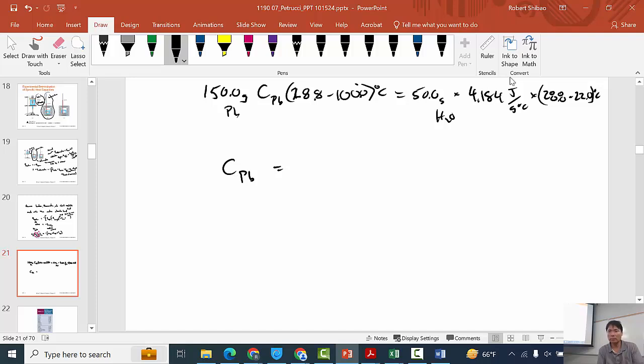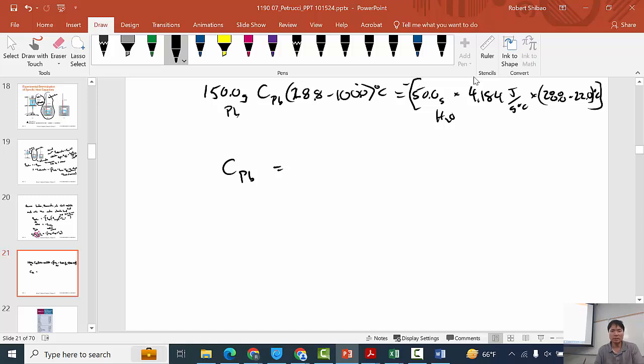So I'm going to get 28.8 minus 22 is 6.8. 6.8 times 4.184 times 50 divided by 150 divided by 71.2. I forgot my negative sign here.